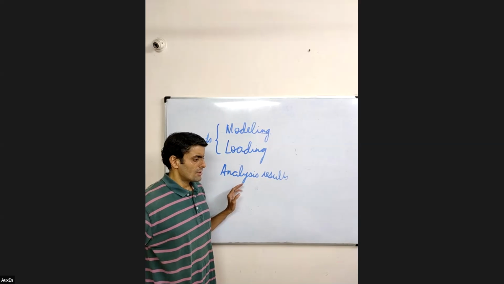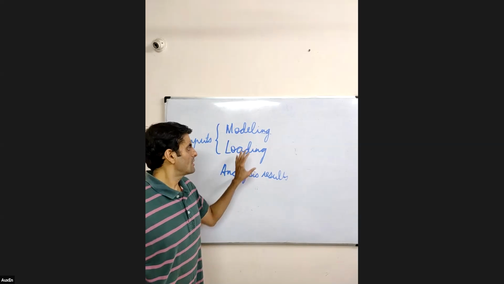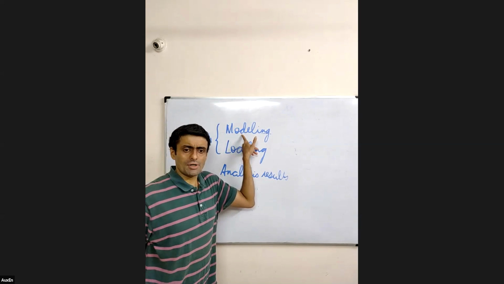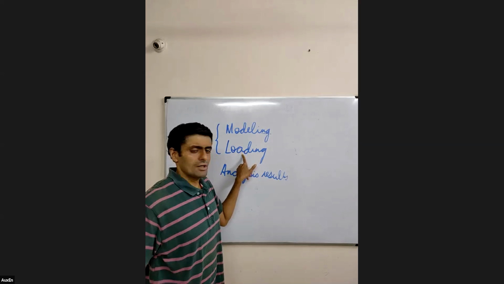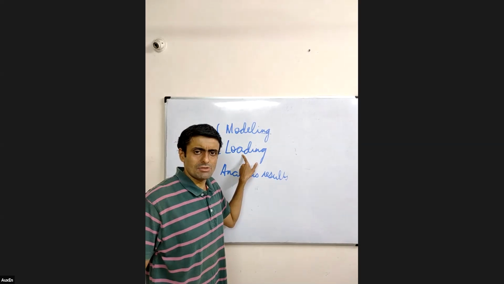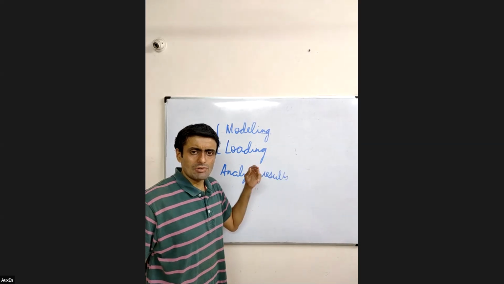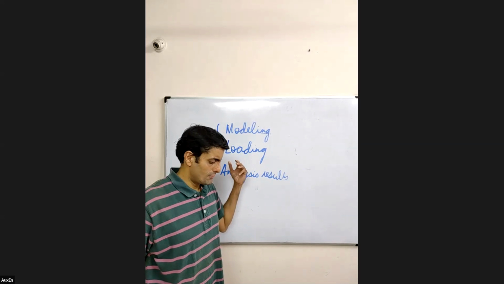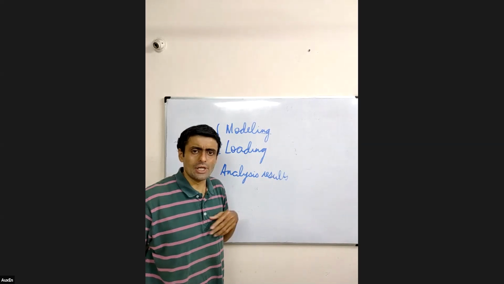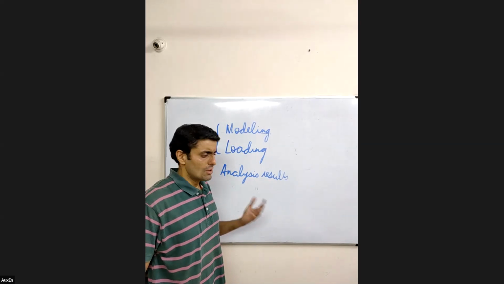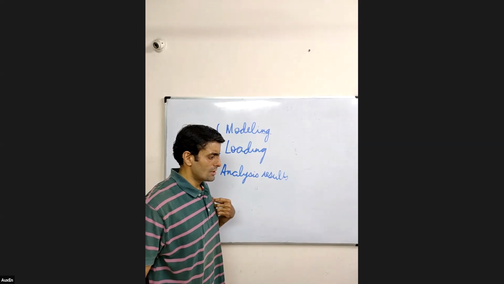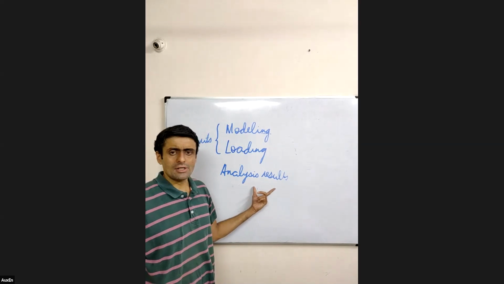Okay. So coming back to this discussion, we first created a 3D model, then we applied loadings which reflected the actual loadings that act on your structure. Then what would be the third step?